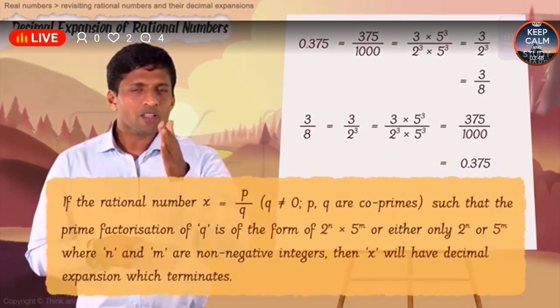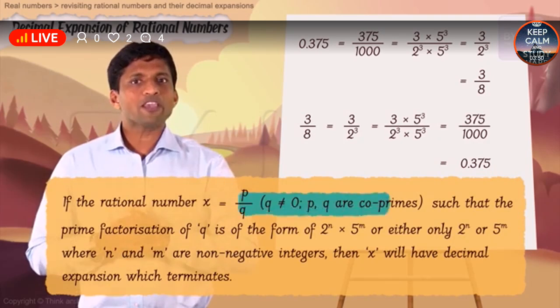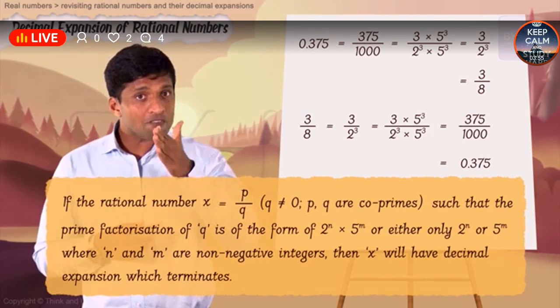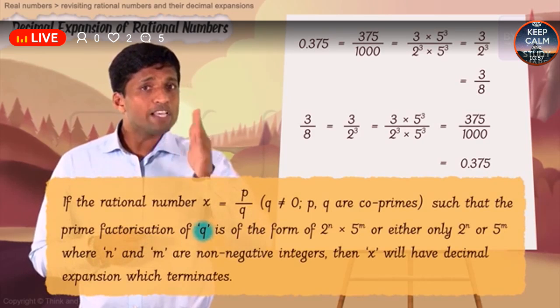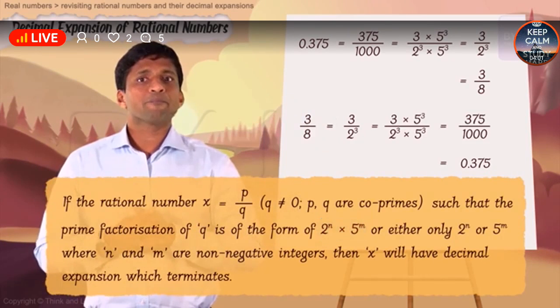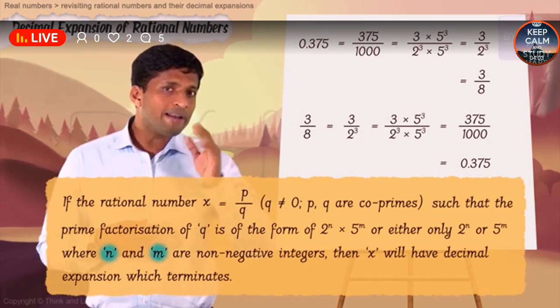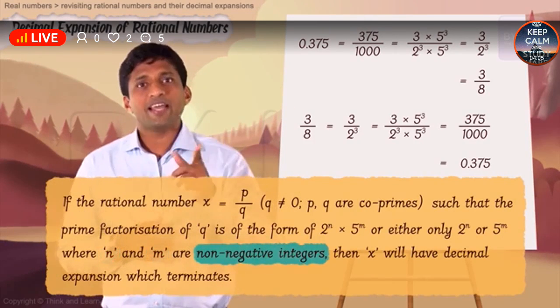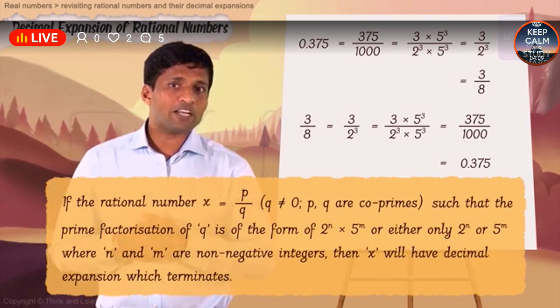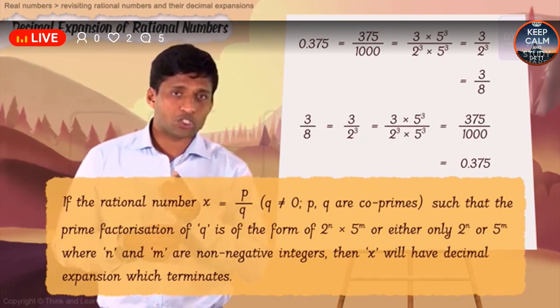Then we get: let x equal to p by q be a rational number such that the prime factorization of q is of the form 2 raised to n into 5 raised to m, where n and m are non-negative integers. Then x will have a decimal expansion which terminates.